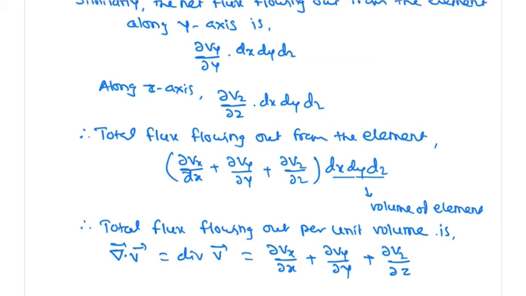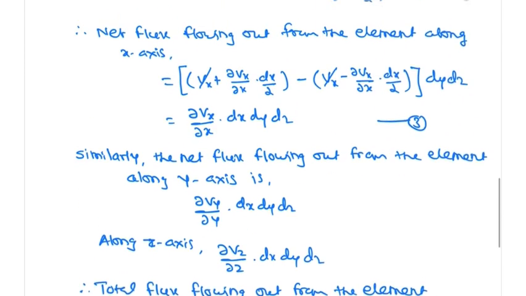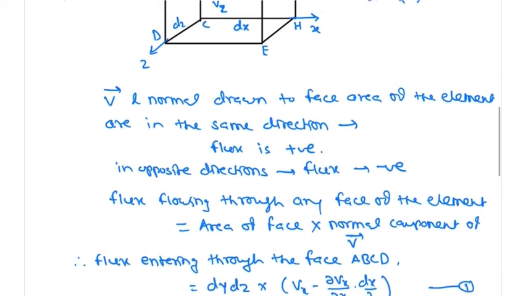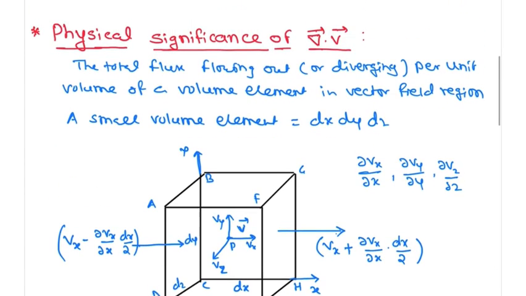Hence, total flux flowing out per unit volume represents the divergence of a vector point function. That term is a scalar term. Hence, we now discuss the physical significance of the divergence of a vector point function.